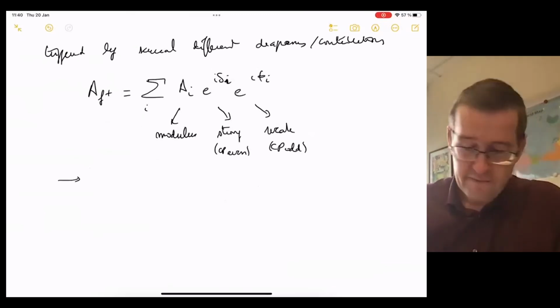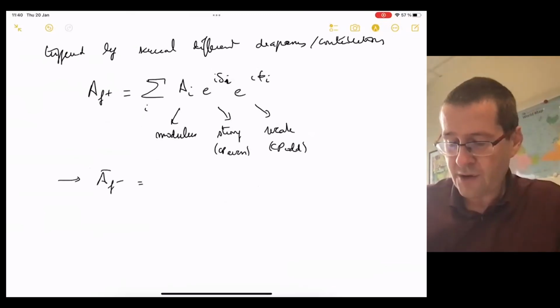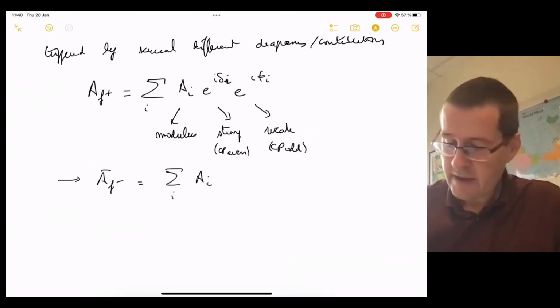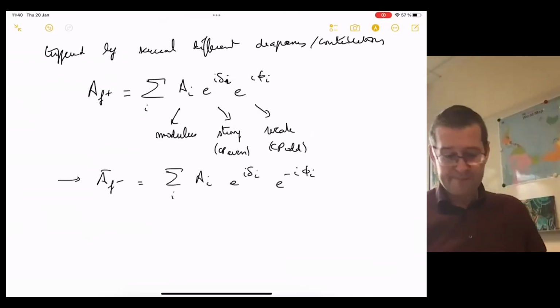Then the CP conjugate is going to have this kind of structure.